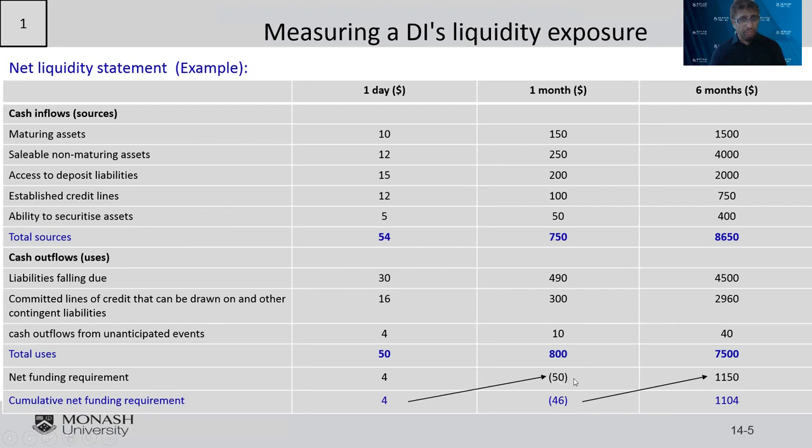The difference is 50, and then because we are talking about cumulative, not a single month or single day, it's 46, which means you have 4 surplus here, 50 deficit here, so 46.